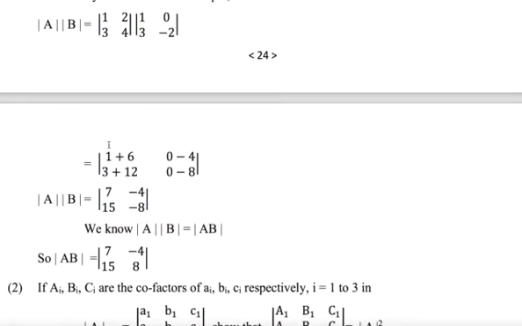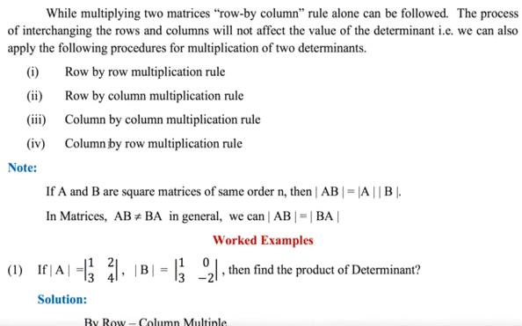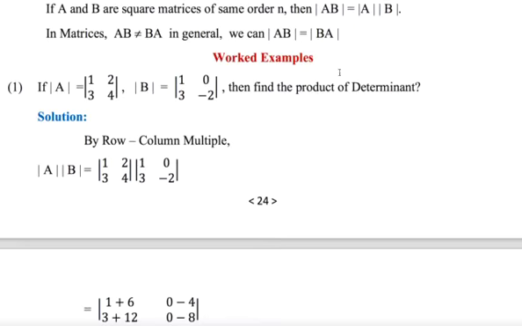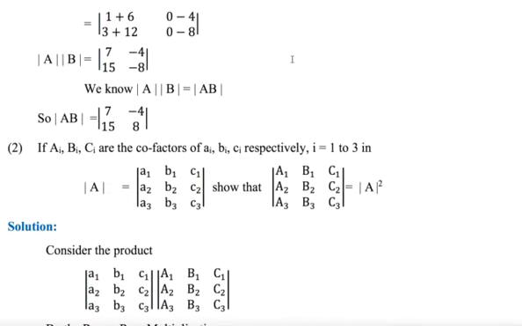Yes, det of AB equals det A into det B. Det of AB equals det of BA. In matrix multiplication you won't get AB equal to BA, but in terms of determinants, they are the same.